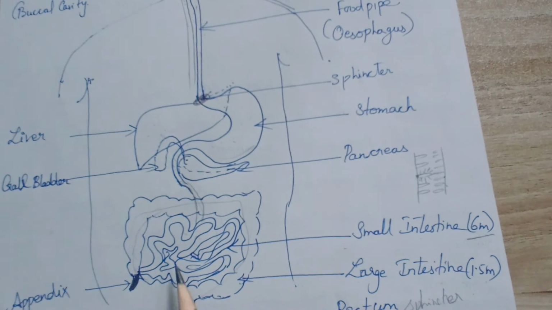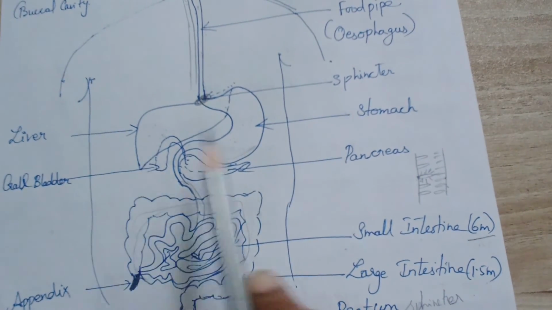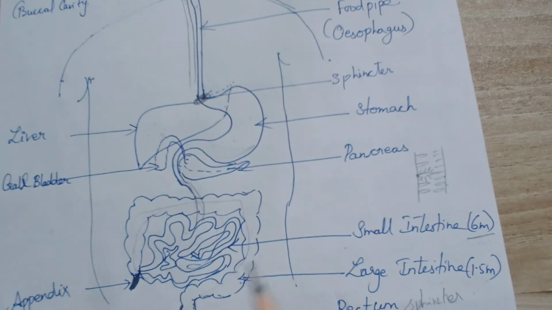Okay, and once it is broken down into smaller particles, through the villi it will be absorbed and transported to each and every cell in the body, and it is used for growth, maintenance and repair.